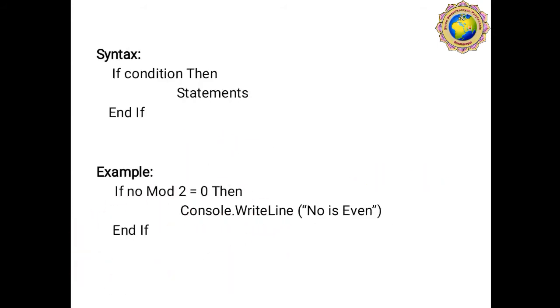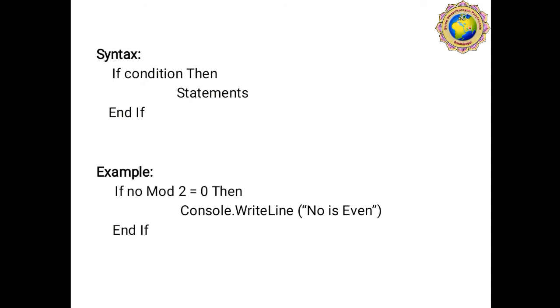Next, here is the syntax of the if statement. We have to write the keywords if, then, a condition, and then a statement. This is the syntax of a VB.NET program. This is not C language or C++. Once again, keep in mind that here we are studying VB.NET, the Visual Basic .NET programming language.